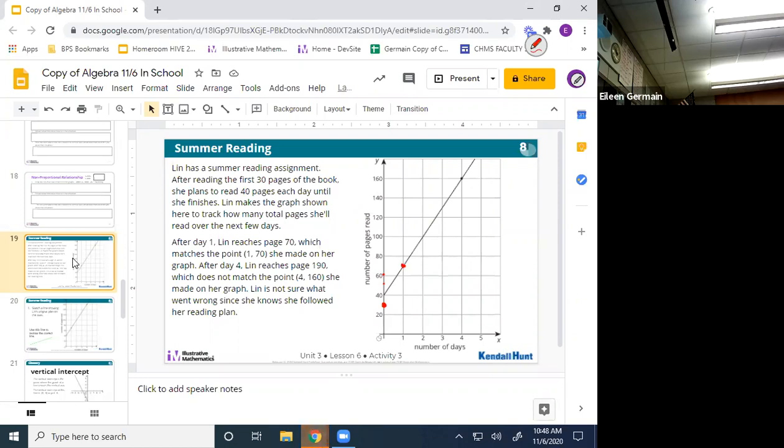So that first point there is correct. So from that point, if I want to extend this line, if I go 1 more day, I'm going to go up 40 more pages. 10, 20, 30, 40. And I go over how many days? 1 day. So now these are the correct points for our graph.